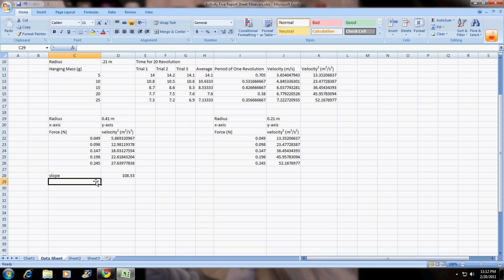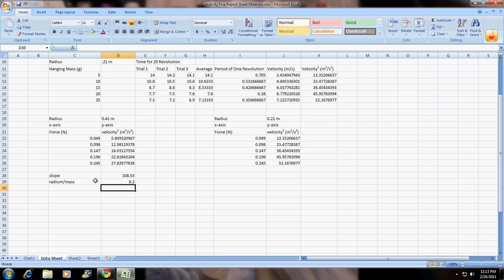Now it's important to realize that we have to put our mass in kilograms because we converted it to kilograms to do the force. So the radius divided by the mass is going to be equal to 0.41 divided by open parentheses. We put a 5 gram mass, so that's going to be 5 divided by 1,000.